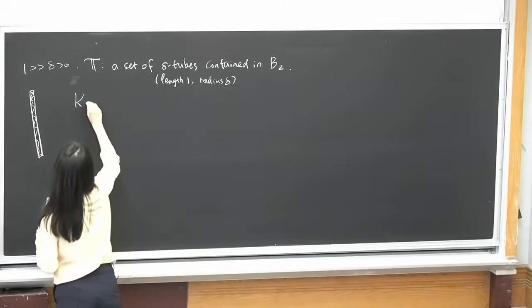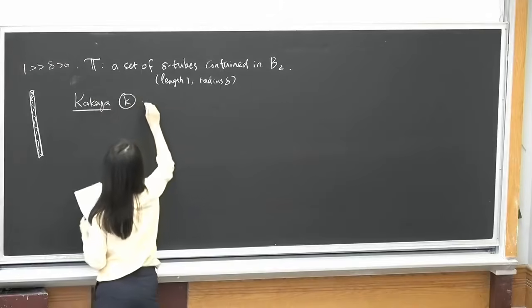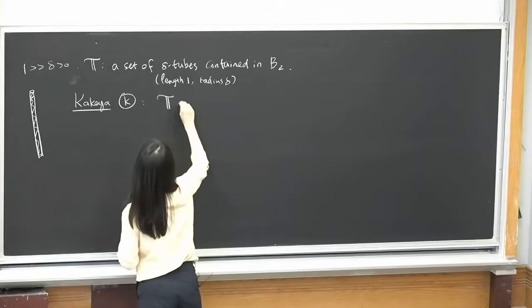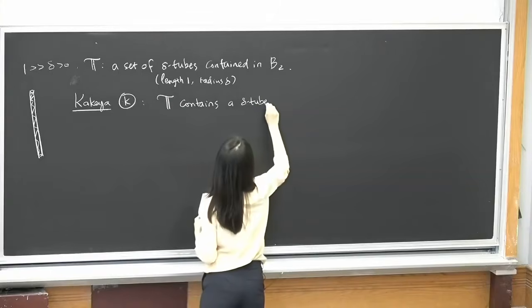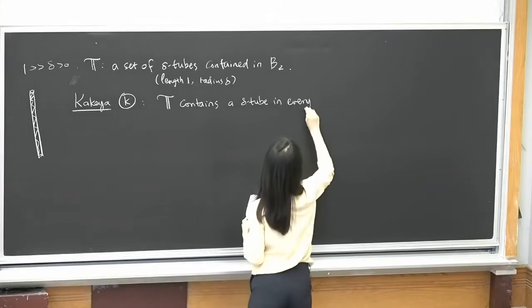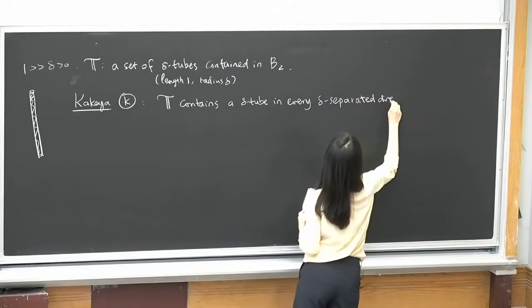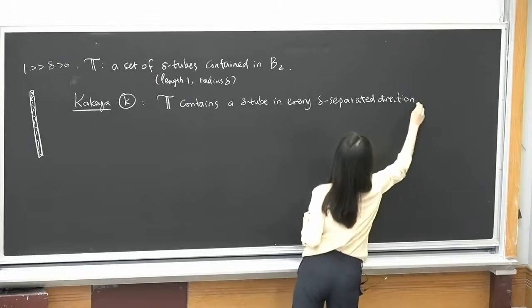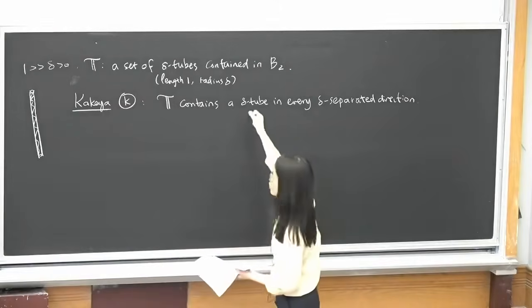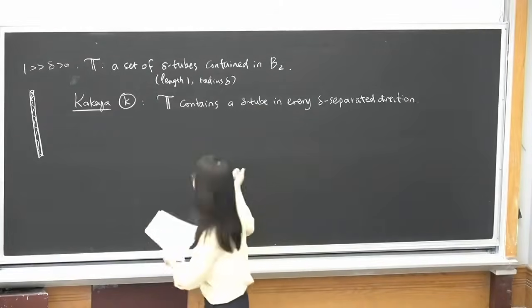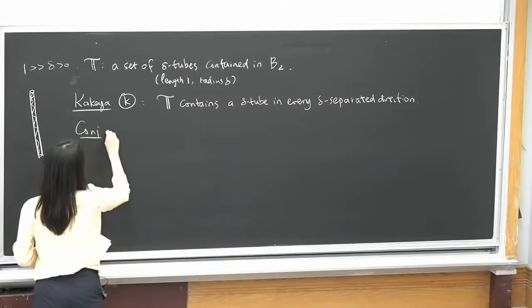And the Kakeya assumption says that T should contain a delta tube in every delta separated direction. It contains a unit line segment in every direction, and we just thicken this unit line by delta. Then the conjecture is the following.